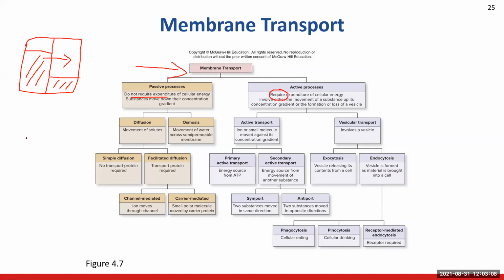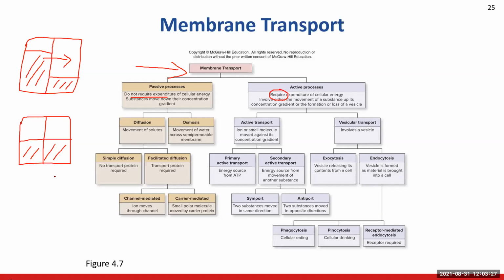And so it's going to move down its concentration gradient until it's equal, until both sides have the same amount of substance A.